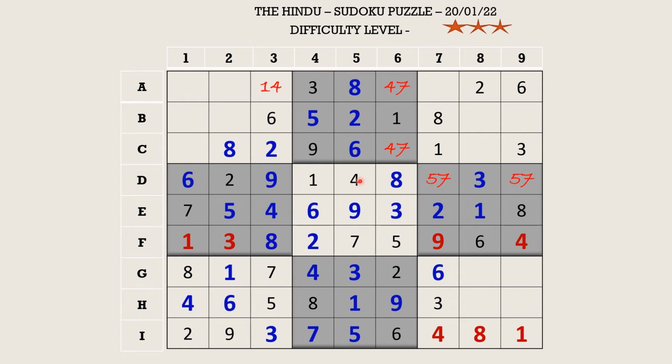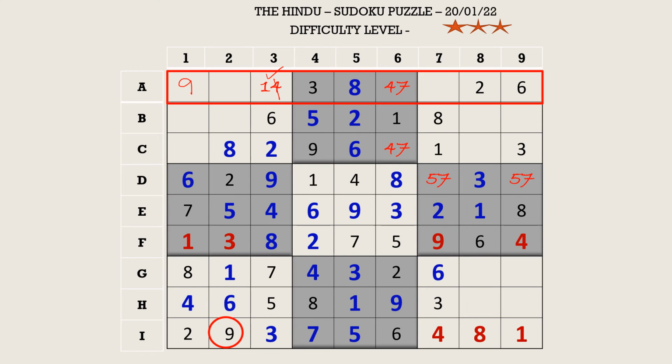Let's try to fill row A. There is 4 in column 3 which cancels out 4 in A3. So A3 becomes 1. There is 9 in column 7 which blocks 9 here, and there is 9 in column 2 which blocks 9 here. So A1 is the only cell where 9 can be.